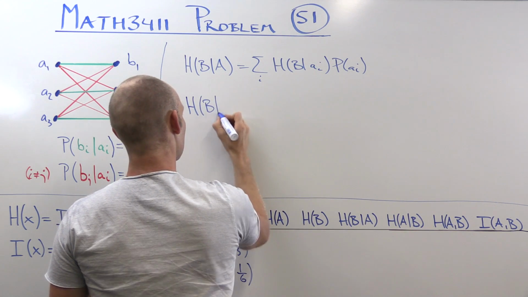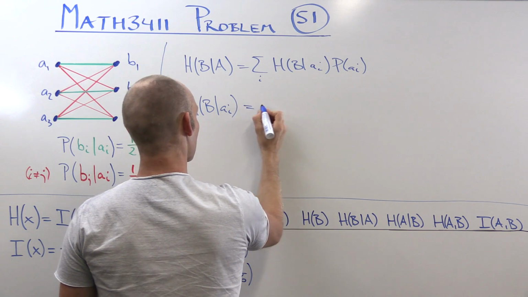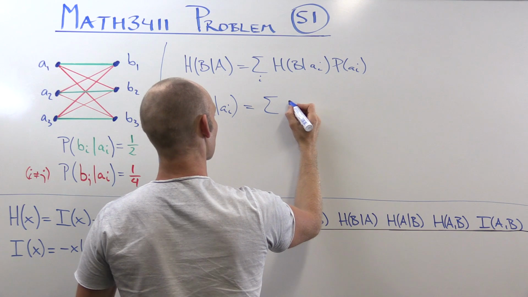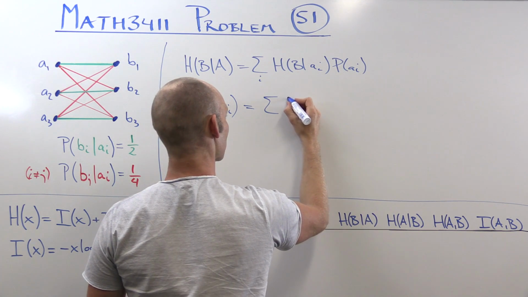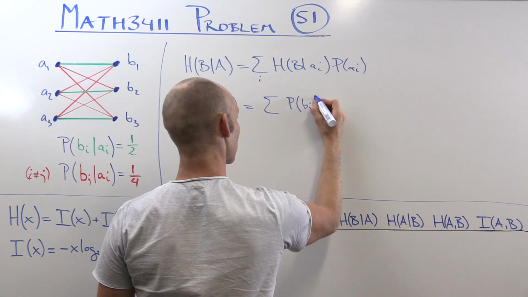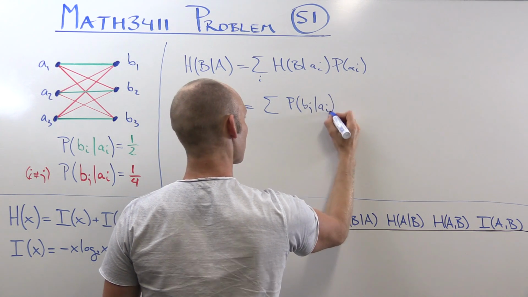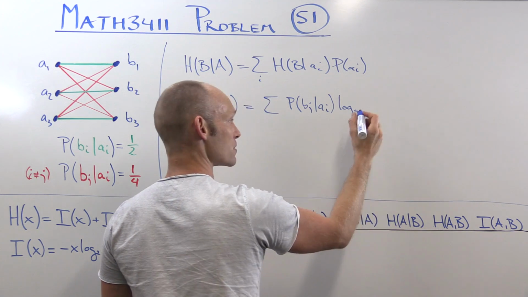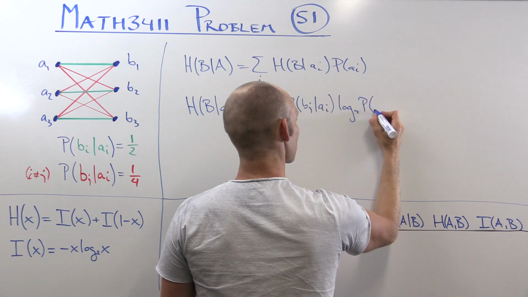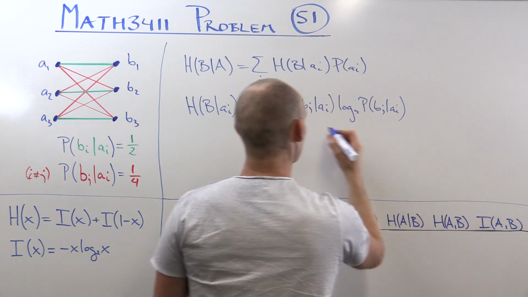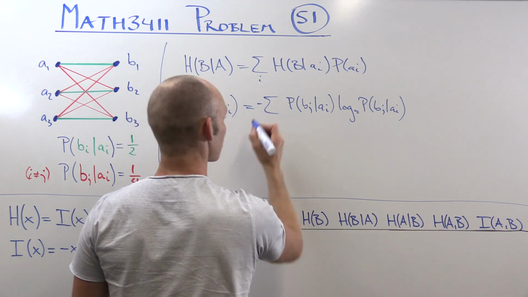The entropy of B given some symbol Ai, that's equal to the sum of conditional probabilities that we get some Bj given Ai, times the logarithm, and now everything is binary, of the same probability, Bj given Ai, and we need a little minus in front.